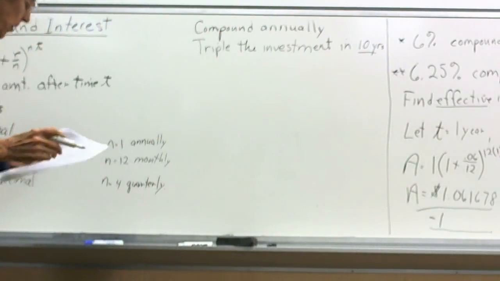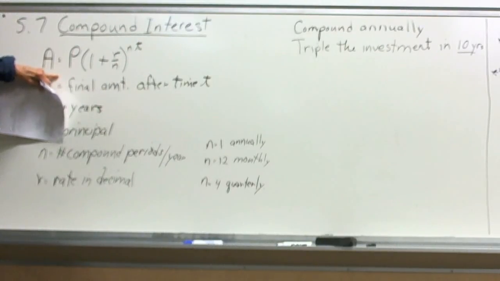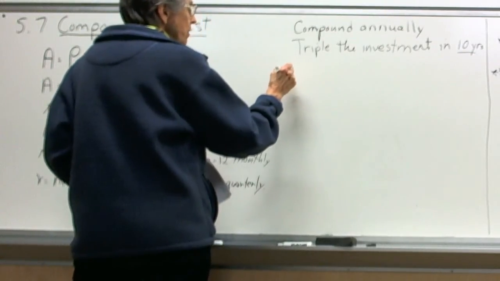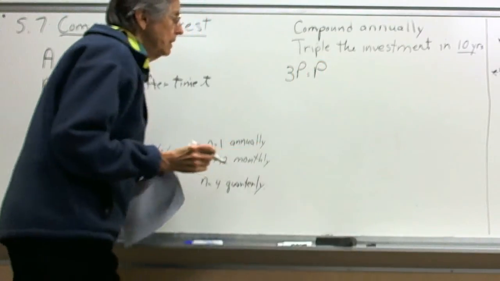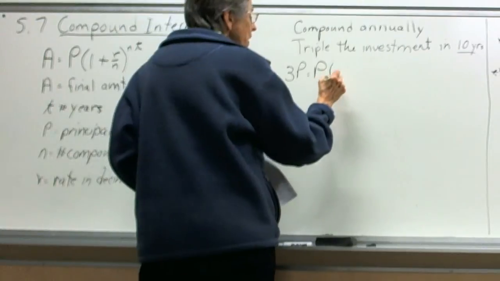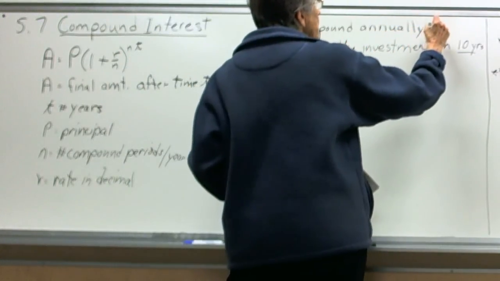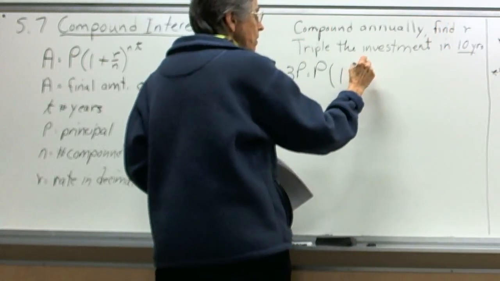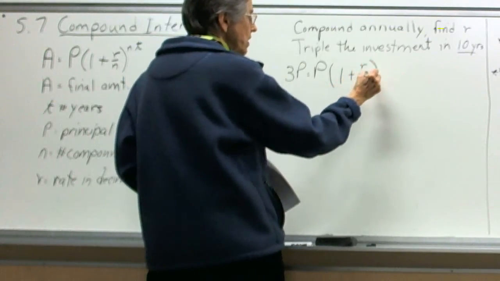Okay, so again, we're using this formula because we're working with an annual compounding period. So the triple amount of what we start with would be 3 times the principal is equal to the principal, 1 plus. Now we're going to find R. So R over N, which in this case is 1 because we're compounding once a year.